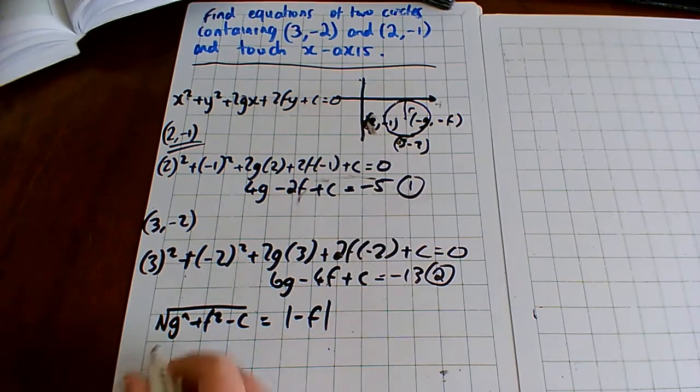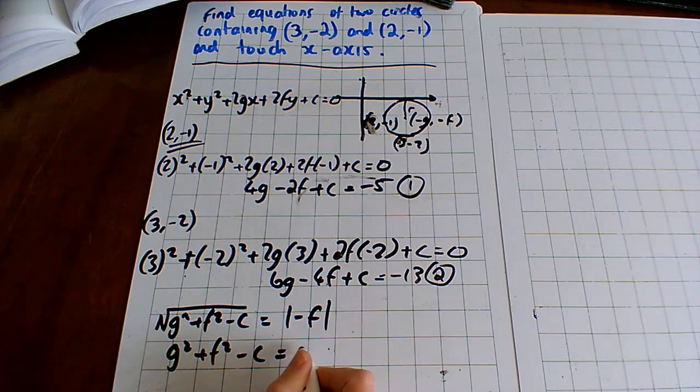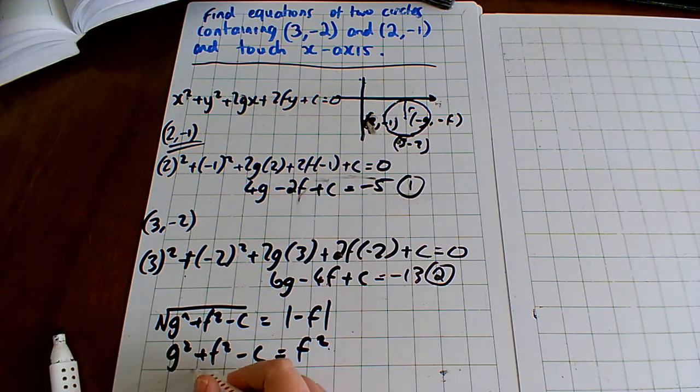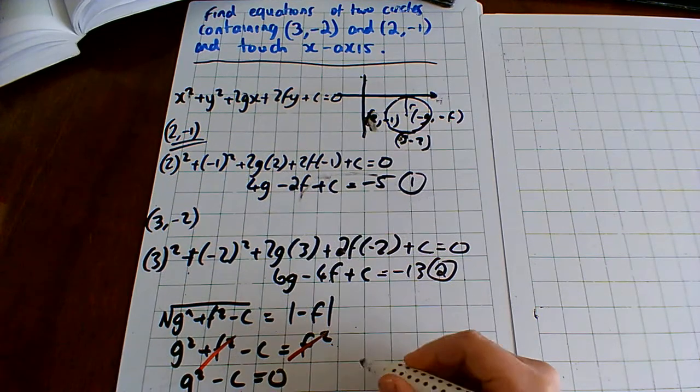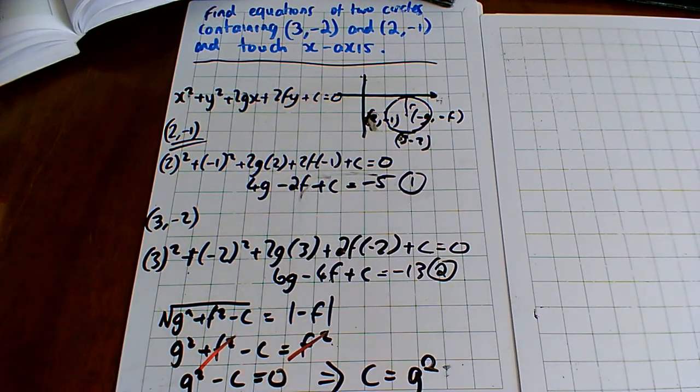Square both sides, we get g squared plus f squared minus c is equal to f squared. The f squareds will cancel, and you're left with g squared minus c is equal to 0. So from that, c is equal to g squared. And that's a third equation that we're going to use.